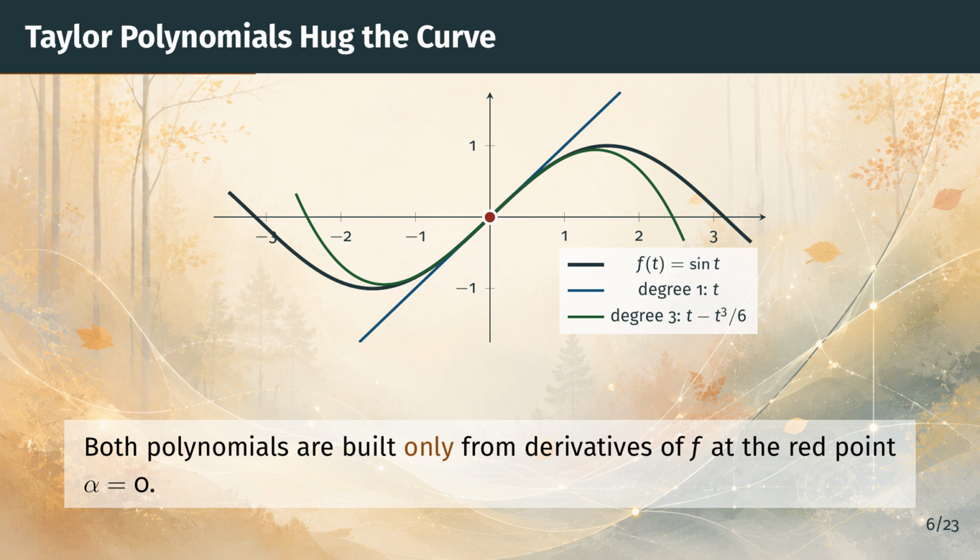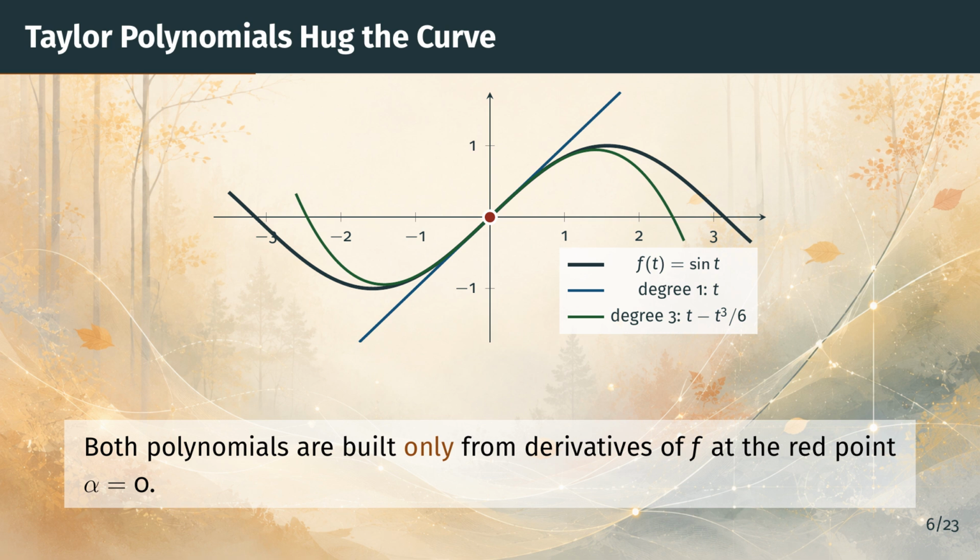The green curve is the degree 3 approximation, t minus t cubed over 6. Look how much longer it stays glued to the sine curve, following it well past 1 on each side. Both polynomials were built using only derivatives of f at the single red point. More derivatives, better approximation, and Taylor's theorem will tell us precisely how good.